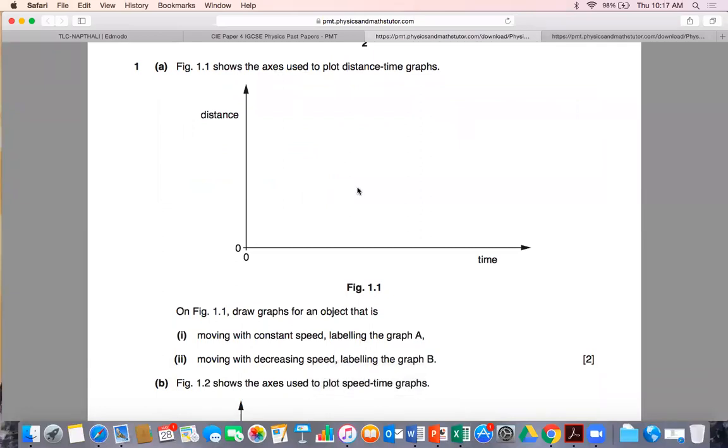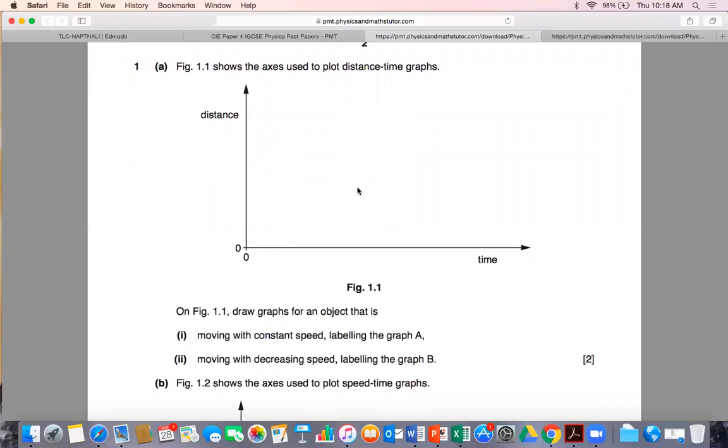For speed time, the gradient is acceleration. For distance time, what is the gradient? When I take distance divide time, what do I get? Speed. So the gradient of a distance time graph is the speed.